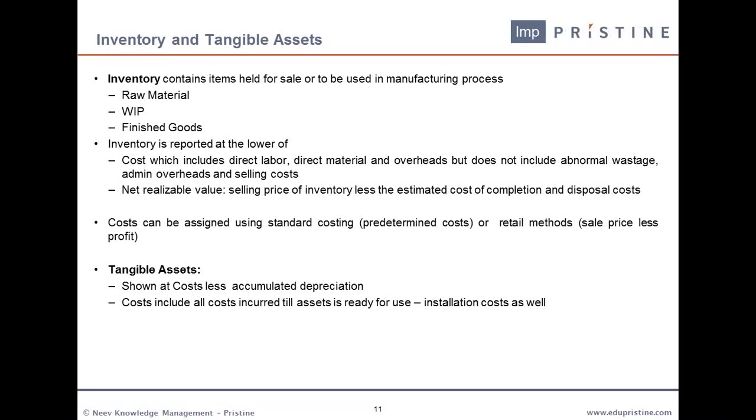So inventory is one of the current assets that we discussed. Let's now see how it is presented in the balance sheet. Inventory basically has items which are held for sale, which is the finished goods inventory, or to be used in the manufacturing process, which are the raw material inventory or the work in progress inventory.